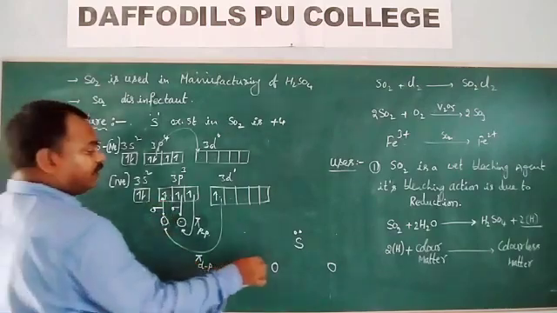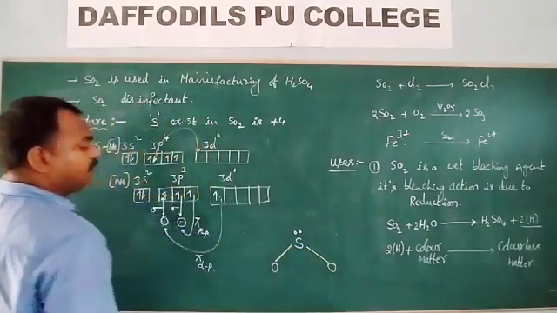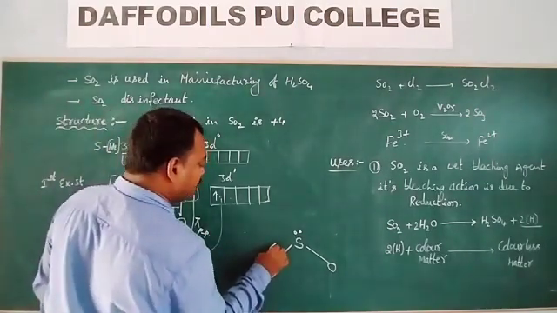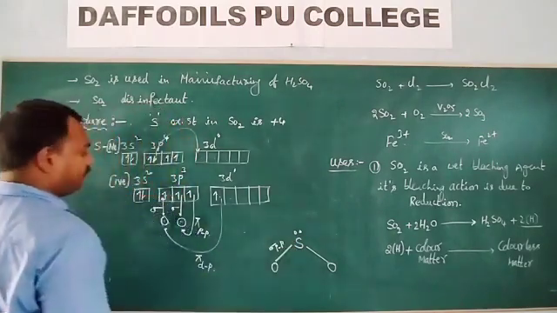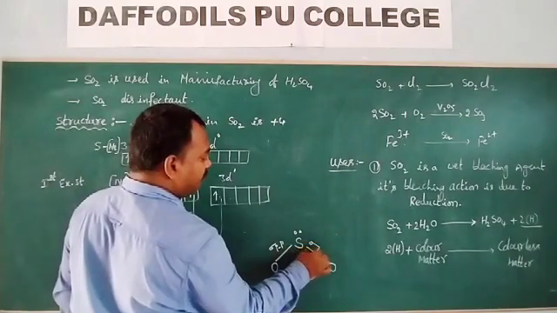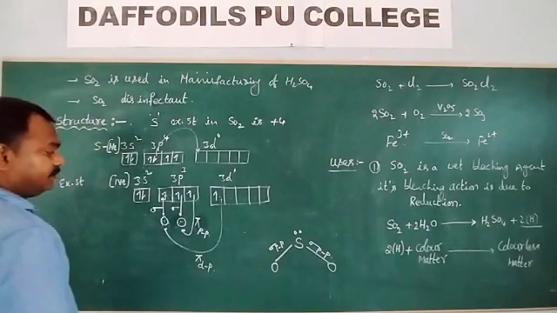This oxygen makes a bond like this, and this oxygen makes another bond like this. This is a sigma bond of this oxygen with a sulfur p orbital. This is another sigma bond, a p orbital of oxygen with another p orbital of sulfur.